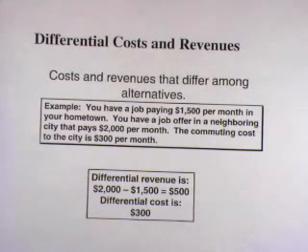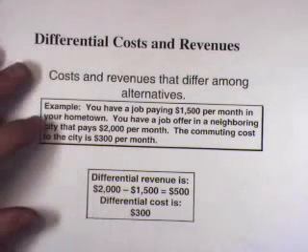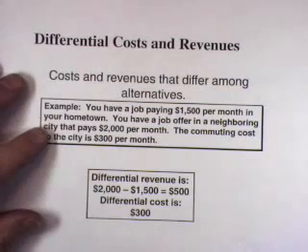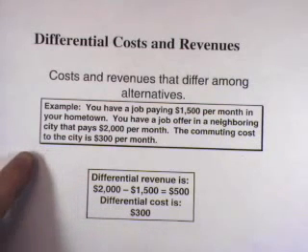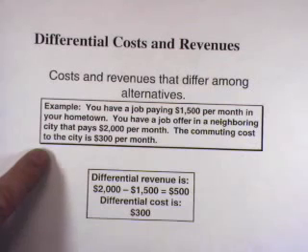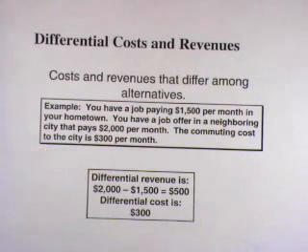On a personal level, let's say, for example, you have a job paying $1,500 per month in your hometown, and you get an offer in a neighboring city that pays $2,000 per month. So you'd be getting a $500 per month raise, but the commuting cost to get there to the new job is $300 per month. So that would eat up part of your $500 raise.